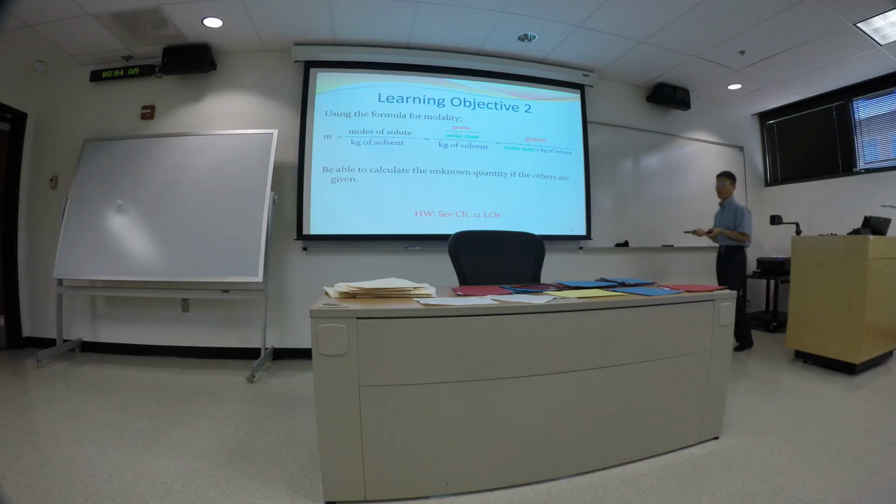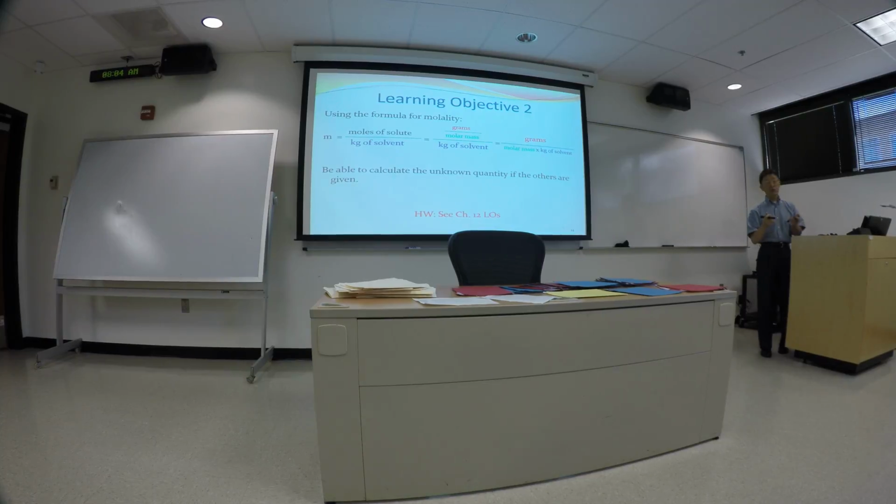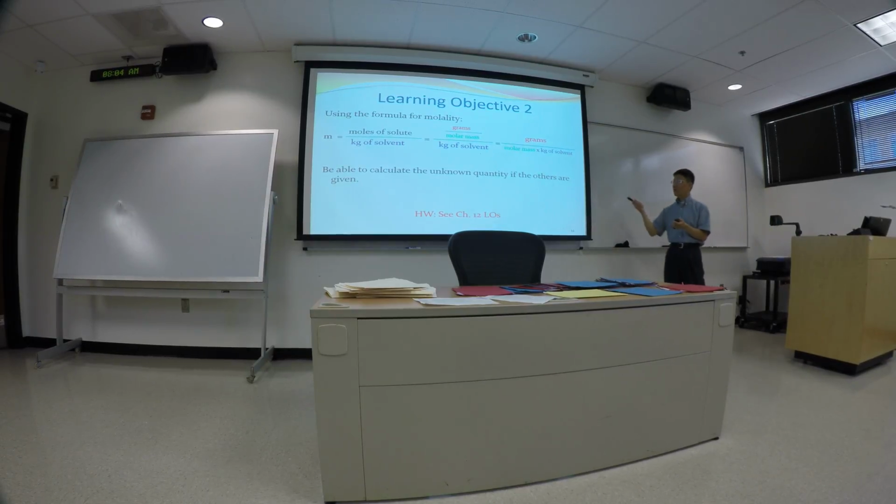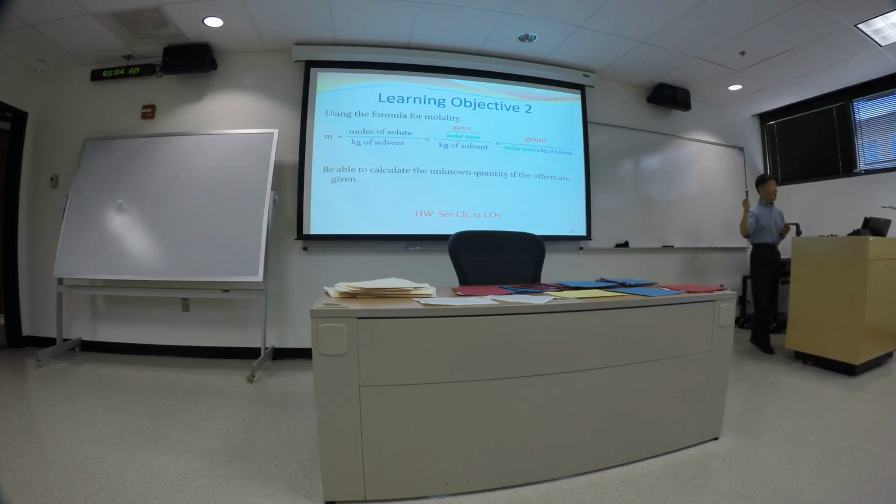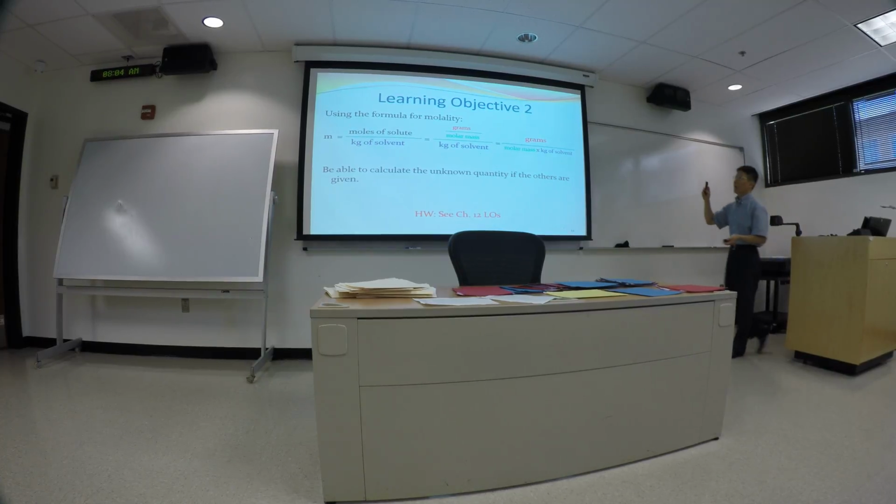Again, we're going back to the calculation part, where it's just dimensional analysis. Using dimensional analysis, setting up the conversion, and knowing the definition of molality and using the conversion factor, we need you to be able to calculate the quantities if all the others are given. In the basic definition, there are only 3 quantities, but there is a relationship between the mass and molar mass there.